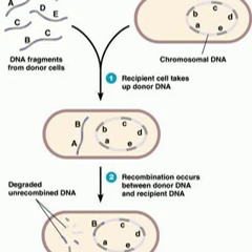What is transformation? After death or cell lysis, some bacteria release their DNA into the environment. Other bacteria, generally of the same species, can come into contact with these fragments, take them up and incorporate them into their DNA by recombination. This method of transfer is the process of transformation.